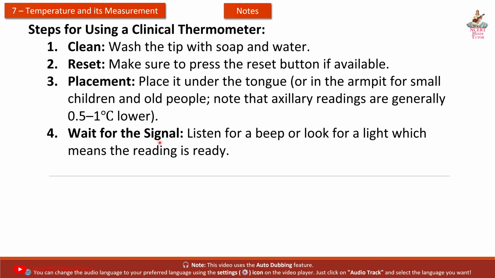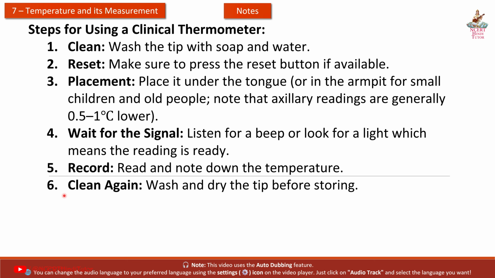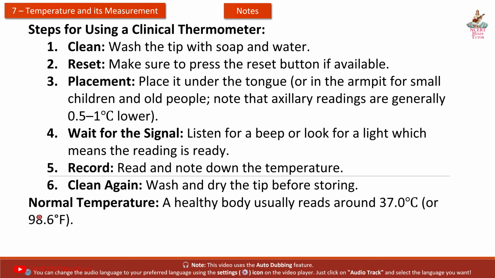Fourth, wait for the signal: listen for a beep or look for a light, which means the reading is ready. Fifth, record: read and note down the temperature. Sixth, clean again: wash and dry the tip before storing. Normal temperature: a healthy body usually reads around 37 degrees Celsius or 98.6 degree Fahrenheit.